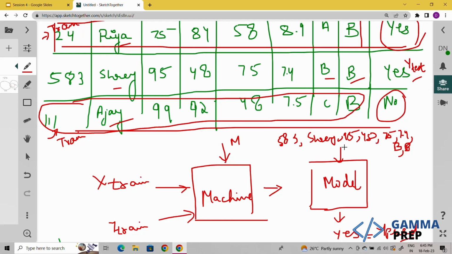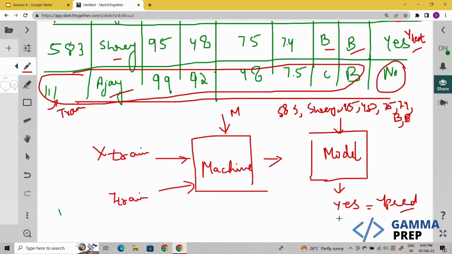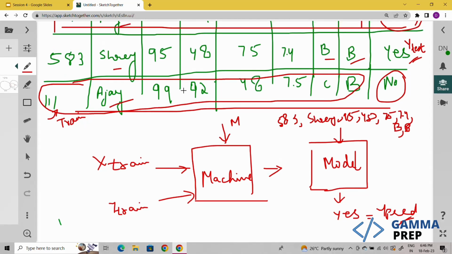The second thing is that you don't want your Y test and your Y prediction to be exactly the same. Obviously, if it is the same, it's the ideal condition, but generally it does not happen because there will be a lot of testing points. Here we just had one testing point and two training points. Ideally, there will be lots and lots of training points, say millions, and you can have many testing points also.